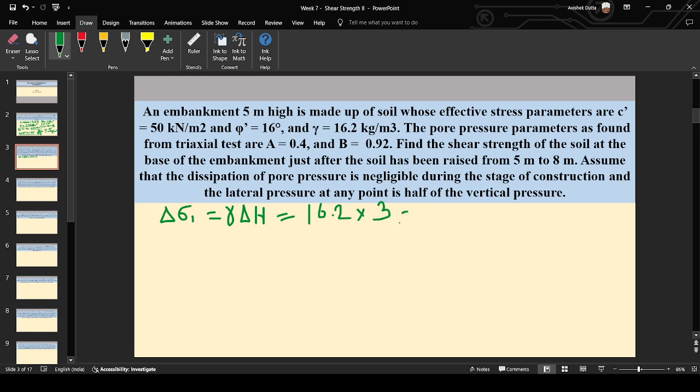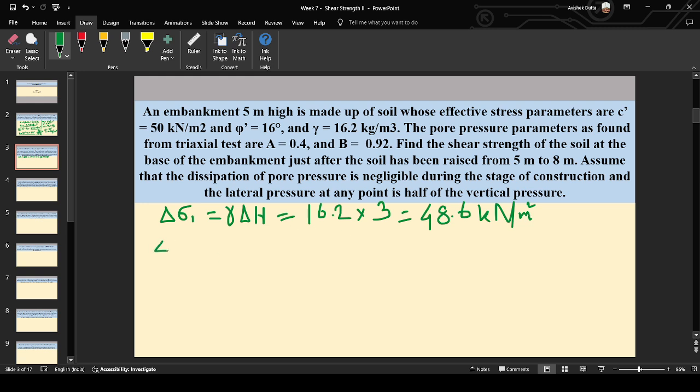That is equal to 48.6 kN per meter square. Now it has been said that lateral pressure at any point is half of the vertical pressure. So what is del sigma 3?